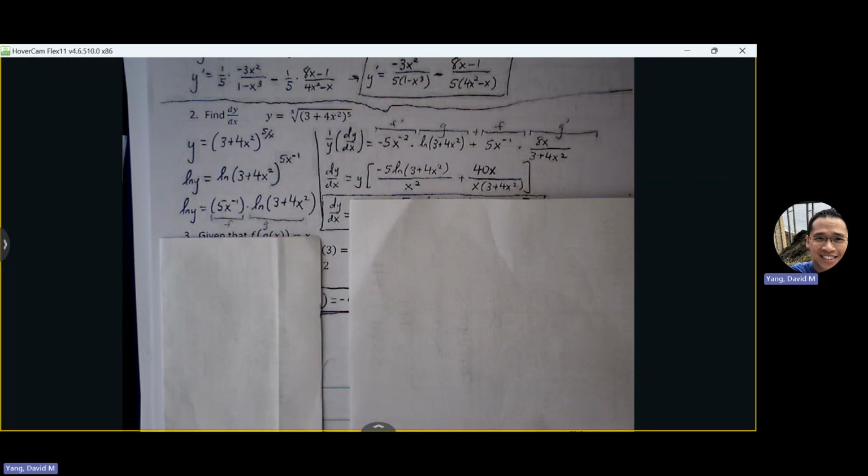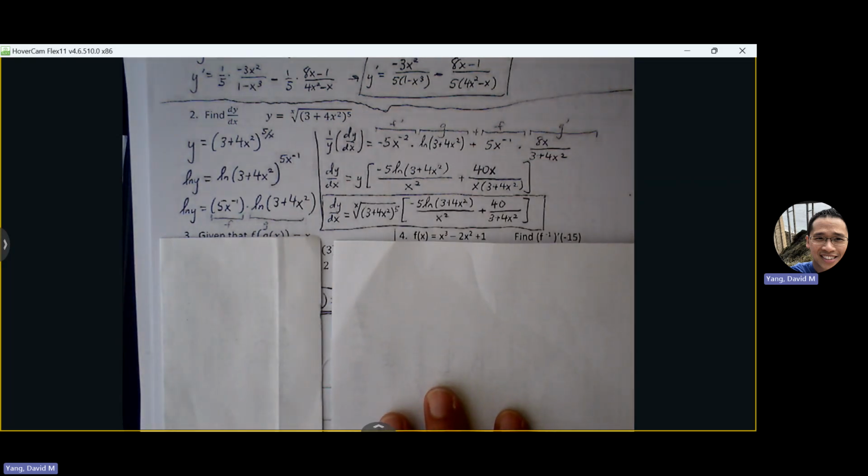And then once we have our derivative, our final cleanup step is moving the y over to the right side, replacing the y back in terms of the original function. And then there's our derivative.